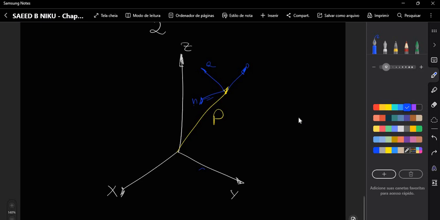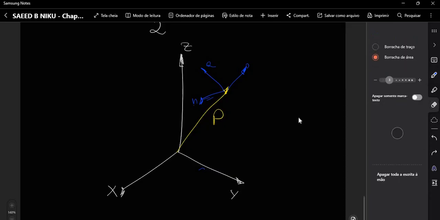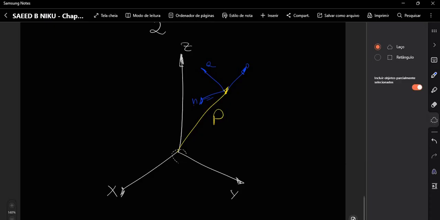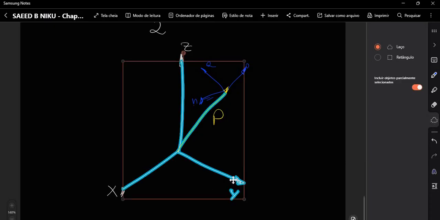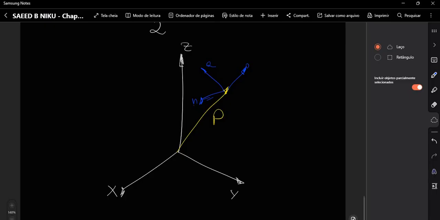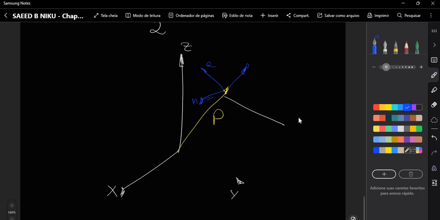If we translate this axis Y right here, it is forming 45 degrees. See?